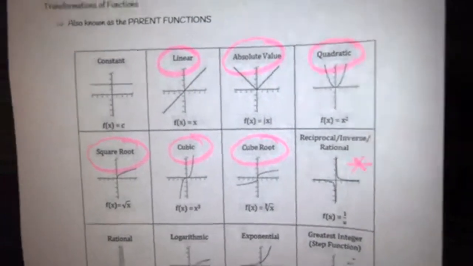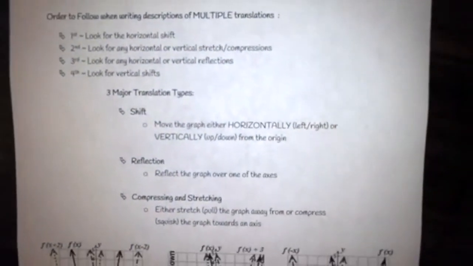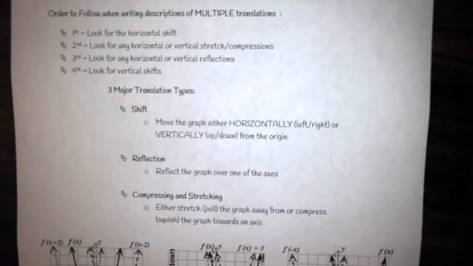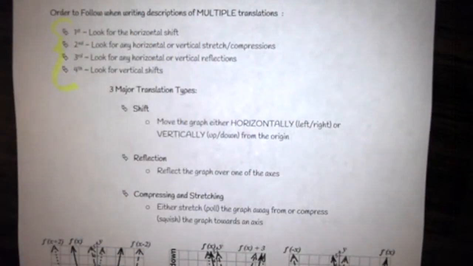Now we have to look at how we are actually going to start to find some of these. First and foremost, we have an order. And in Hawks, it is imperative, it is mandatory, it is extremely important that you follow this order completely. Don't get out of order, don't get out of sync.